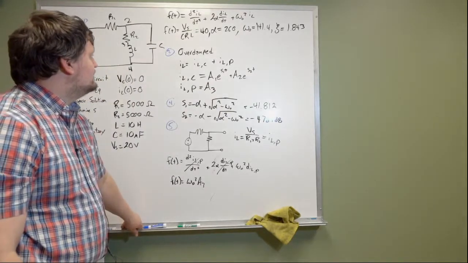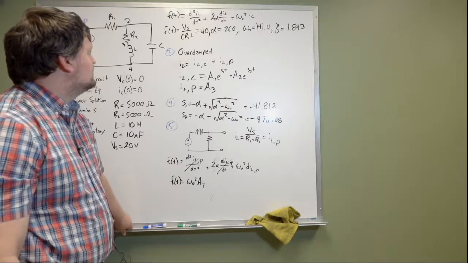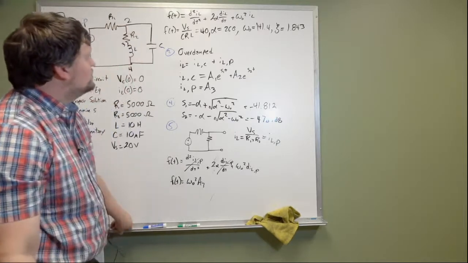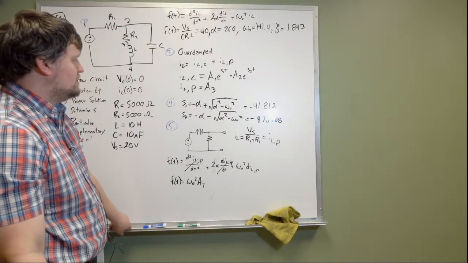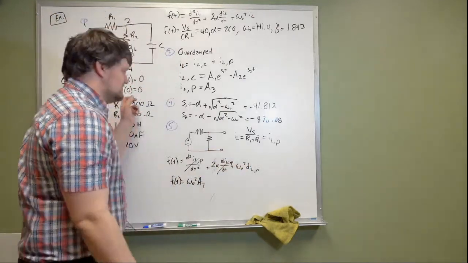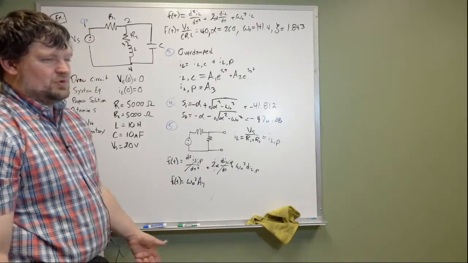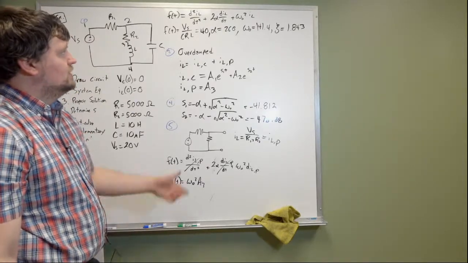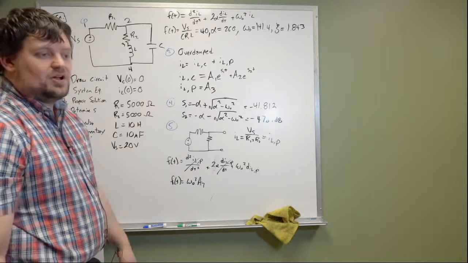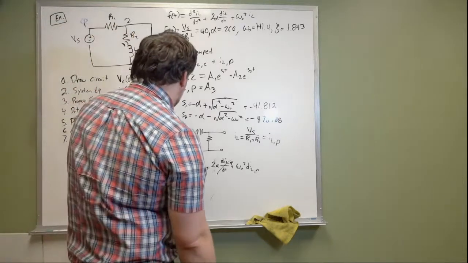That's fun. What's my forcing function? It's 40. 40 divided by 141.4. No, that's actually right, because this ends up being Vs, and this is 10,000, so 20 divided by 10,000 ends up being like 0.0002, which would be what you get. So, no, I didn't do any math wrong.